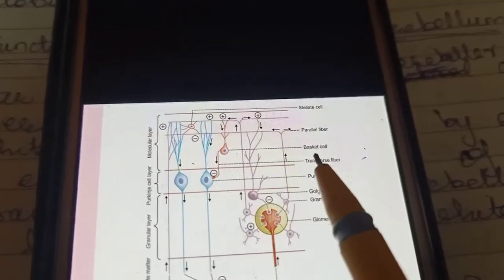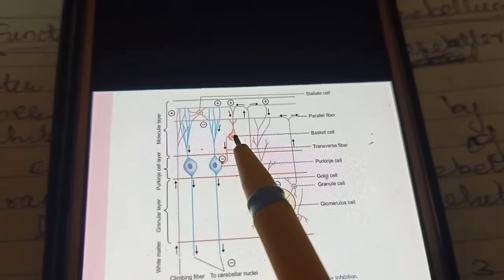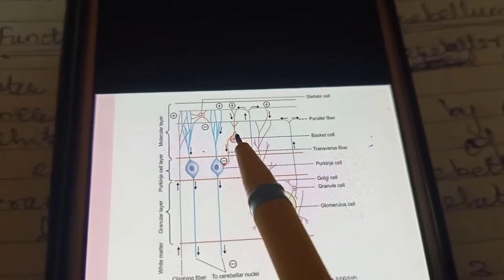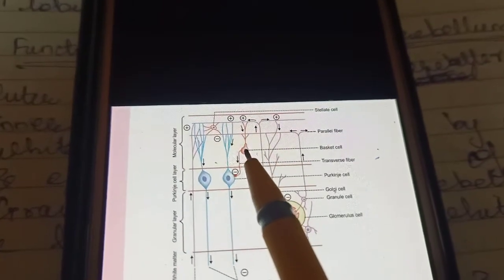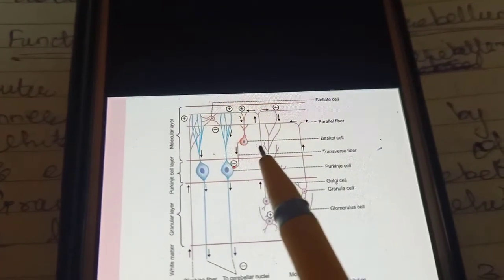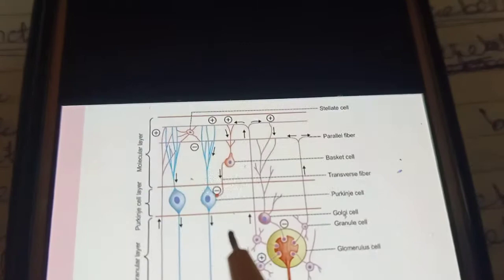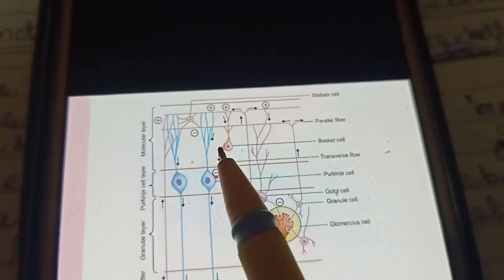These are the axons of the basket cells. The axons of the basket cells form transverse fibers.